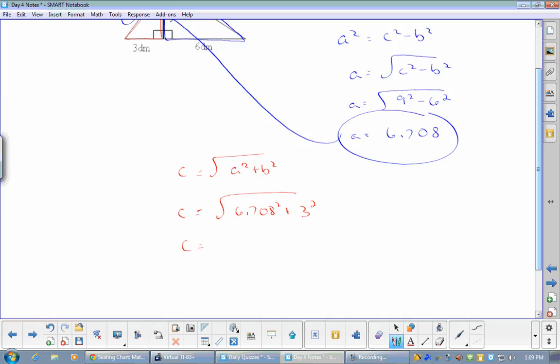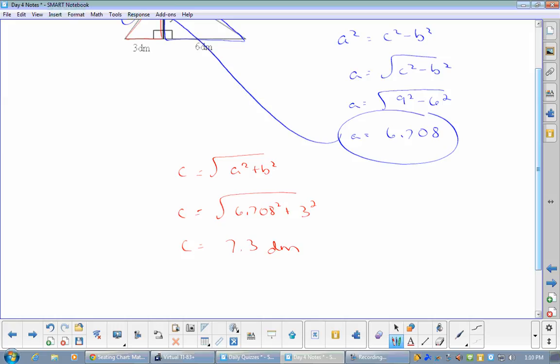C equals 7.3 decimeters. Why is it decimeters? Because that's the units we've been doing. Is this making sense? Yeah? You guys remember doing this last year, right?